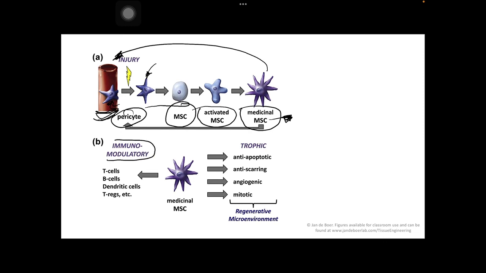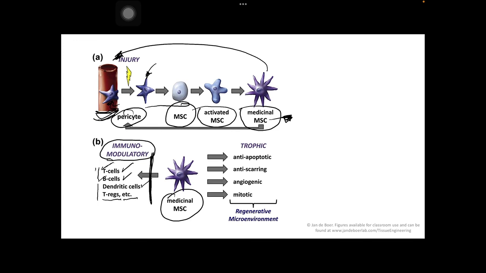One is to become immunomodulatory, because, as I said before, in order to create regeneration, in order to generate all these hematopoietic cells that are not adherent and are part of the immune system, you can aid or prime or induce these medicinal stem cells to talk, connect, and activate different T cells, T lymphocytes, B lymphocytes, dendritic cells, which are antigen presenting cells, regulatory T cells, and other types of cells of the immune system to do something that the body requires.